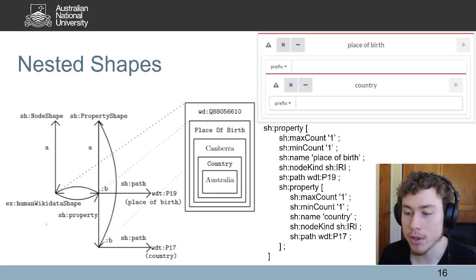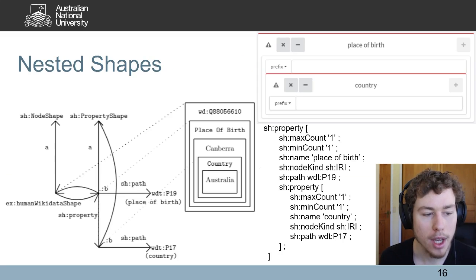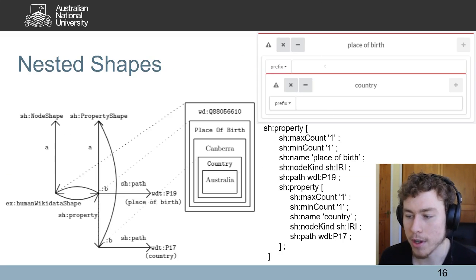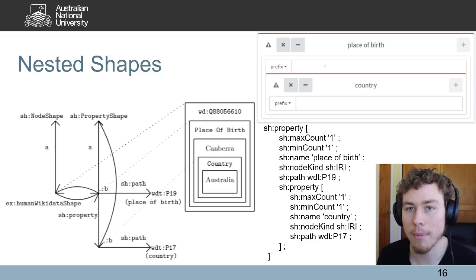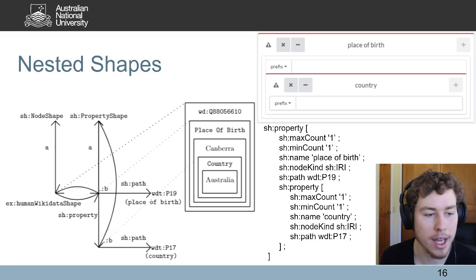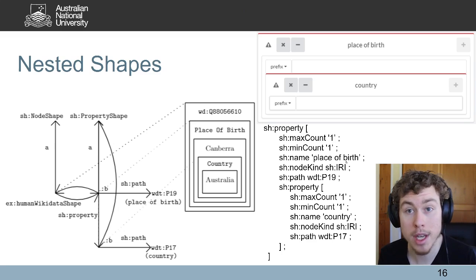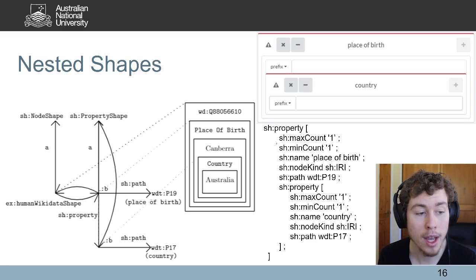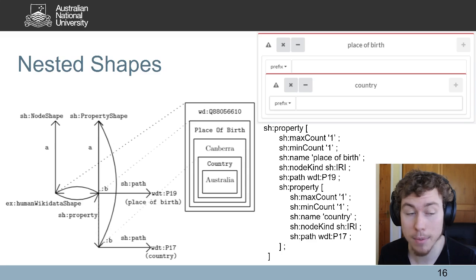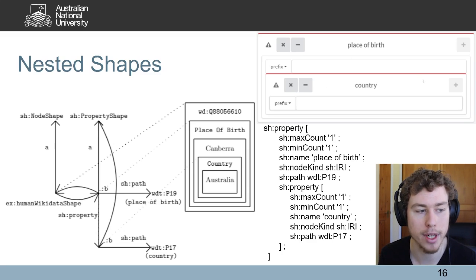What we then do for nested shapes is have nested form fields. So here in this example, we've got a place of birth, and then that place of birth, which is a city, has an associated country, and that's in a nested shape structure. So we just take this corresponding structure and put it into this form here.